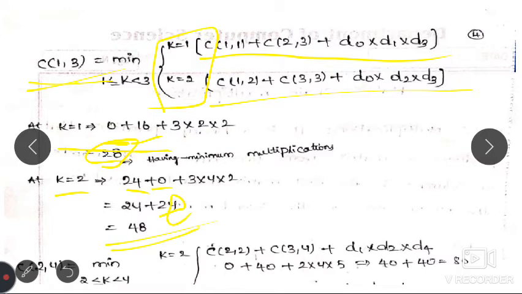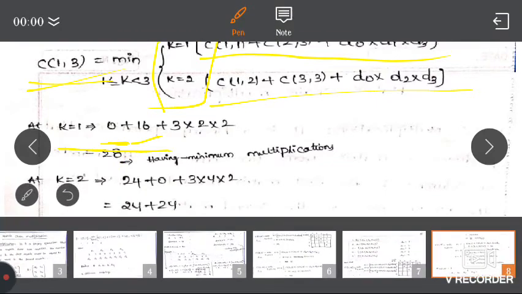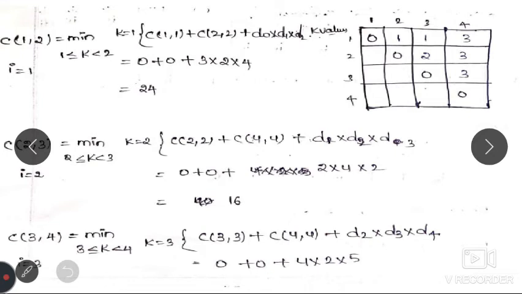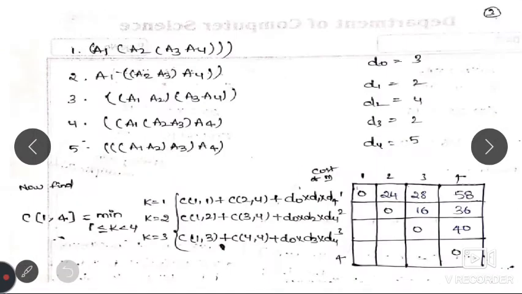This has 48 multiplications. Between the two, 28 multiplications is the minimum. So we write at k value 1, cost of 1 comma 3 at k equal to 1, write 28 as the minimum multiplications.